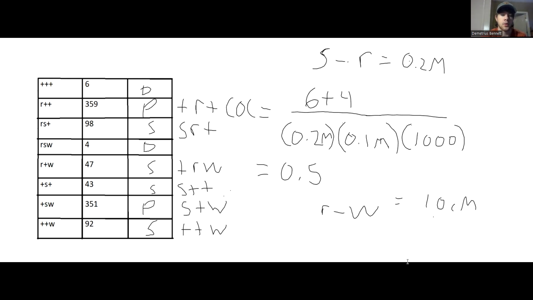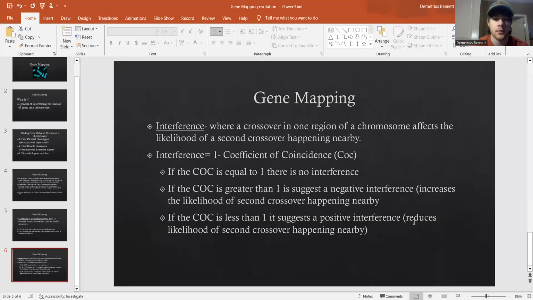And so now we can use the coefficient of coincidence to find the interference. We'll go back to the slides to show what that is. So the interference is where a crossover in one region of a chromosome affects the likelihood of a second crossover happening nearby.